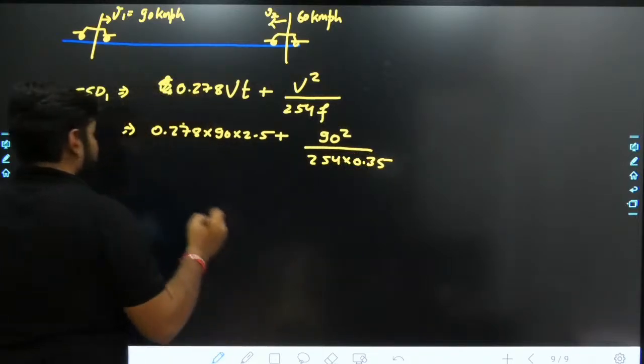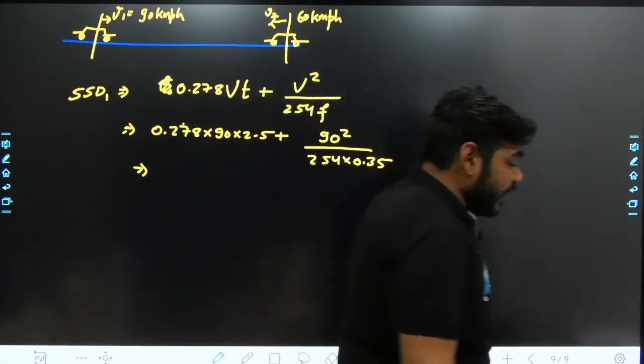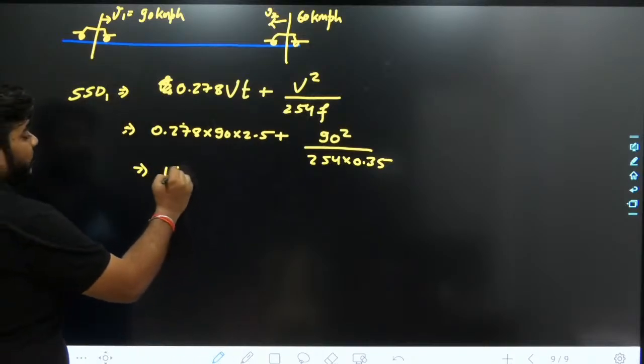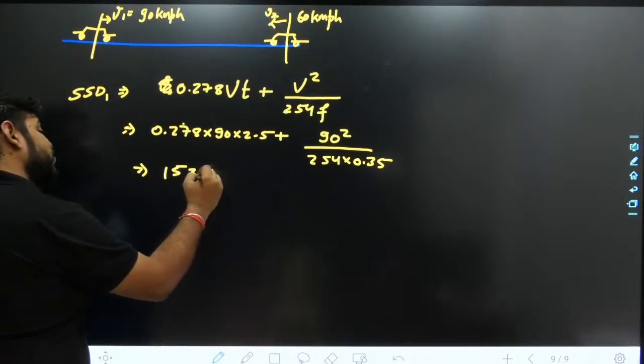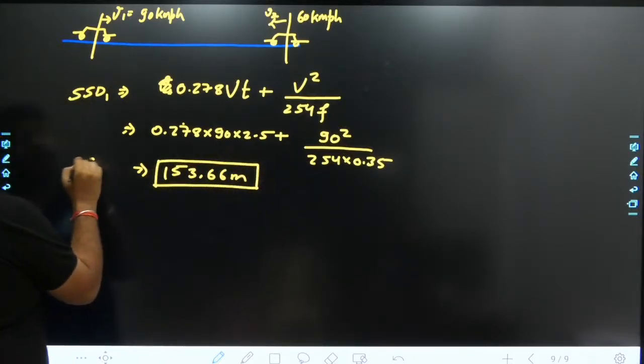From here, you will get the value of SSD1, which is 153.66 meter. This is the way you can calculate the SSD1 value.